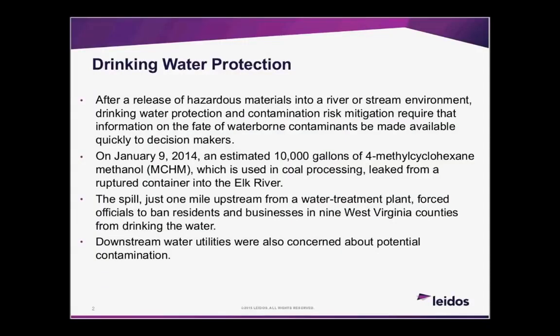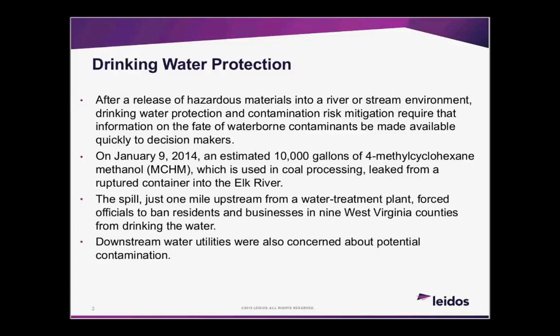As with the case of drinking water protection, when a hazardous material is released into a river that serves as a source water or drinking water supply, protection and contamination risk mitigation requires that information on the fate of waterborne contaminants be made available quickly to decision makers.